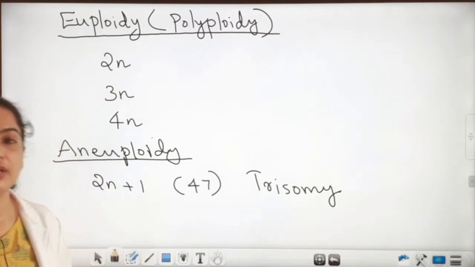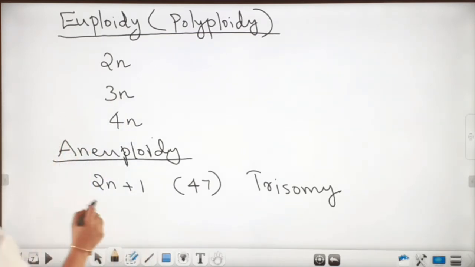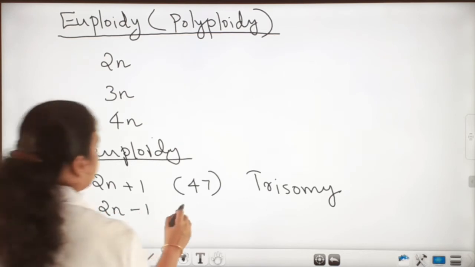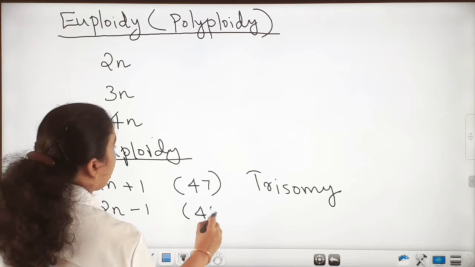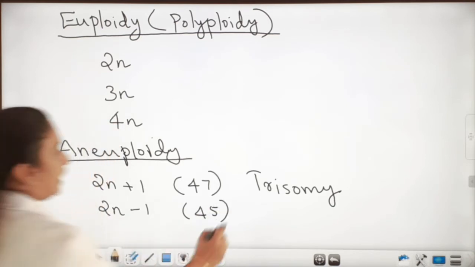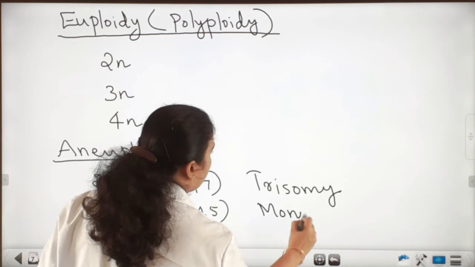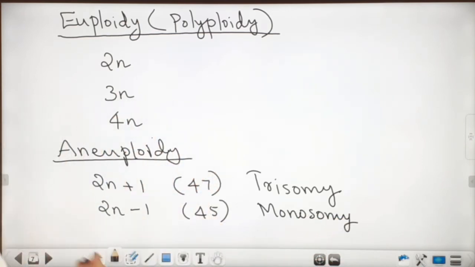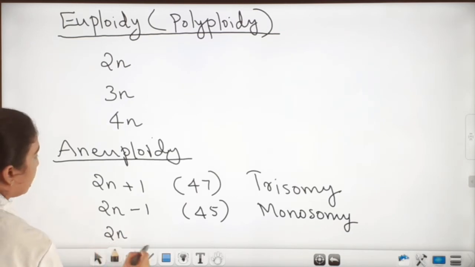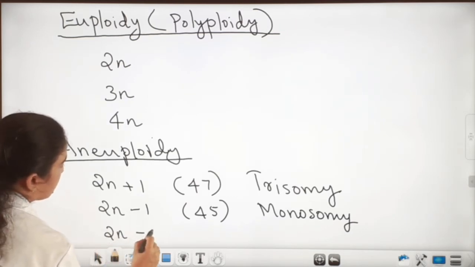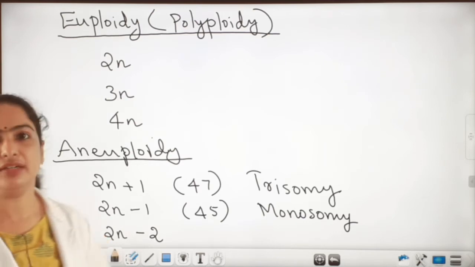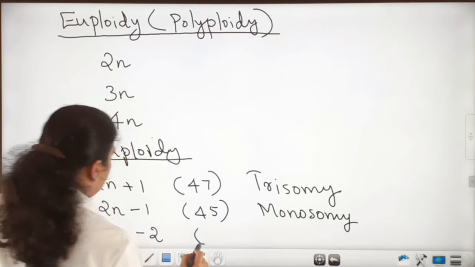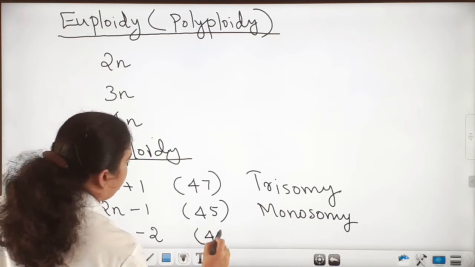This is the change in the number of chromosomes. And another condition is 2n minus 1. What is the actual number of chromosomes? 45 only. That condition is called monosomy. And another condition is 2n minus 2. That means one pair of chromosomes is missing, so the number is 44.